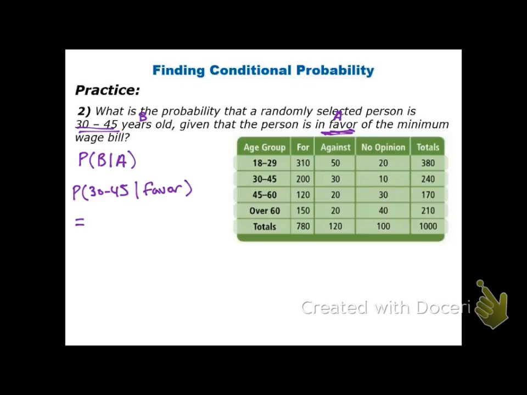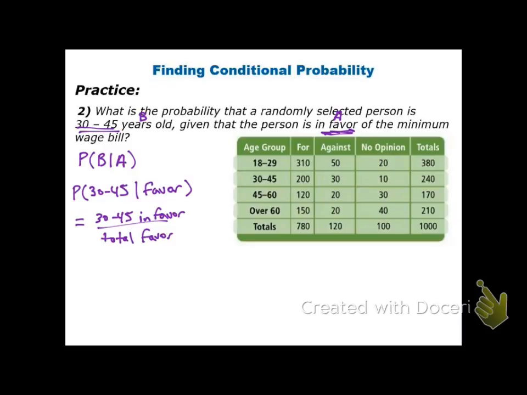So to find this probability, we're going to take the number of people who are 30 to 45 in favor over the total in favor.